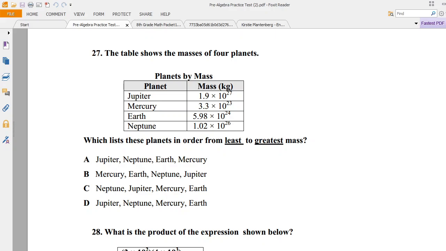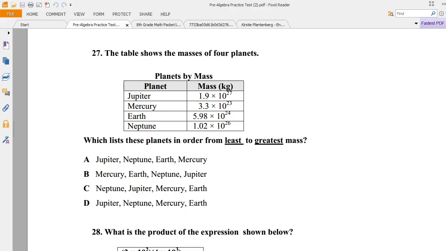Earth, 5.98 times 10 raised to 24. And Neptune, 1.02 times 10 raised to 26. Which lists these planets in order from least to greatest mass?